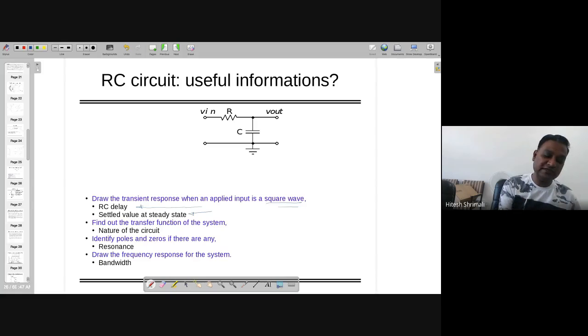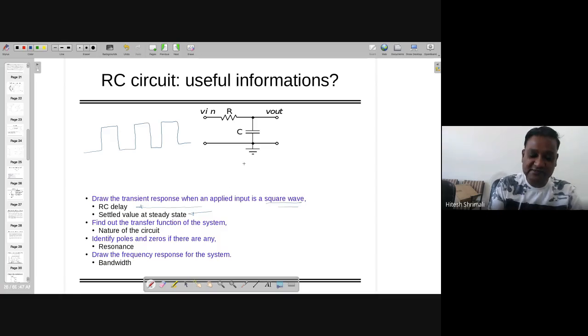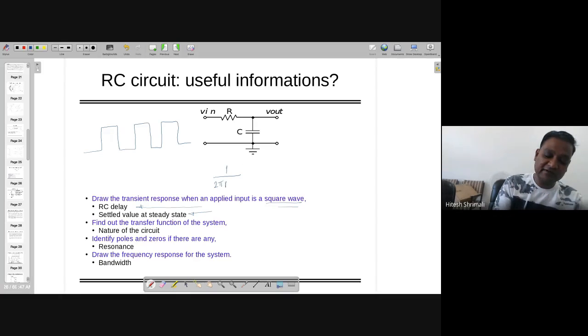So this information will give me the information that, let's assume that this is the circuit, and I know that its bandwidth is 1 by 2 pi RC in hertz. So I know that if I am going to go beyond this particular number, V in is not equal to V out, right? So that's a bad part of this circuit.